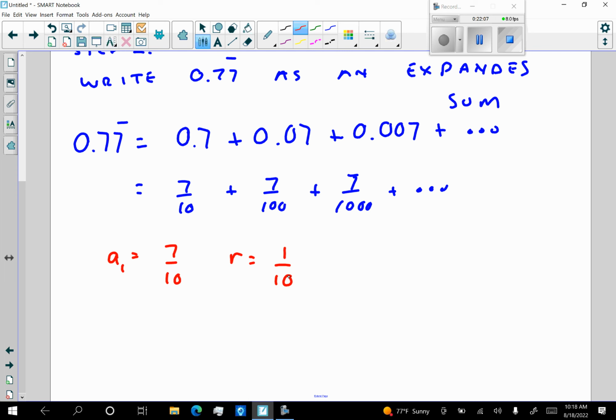So if I want to write that as a geometric sequence, what would it be? It's going to be the first term times the common ratio to the n minus 1. True or false? That's the geometric sequence.